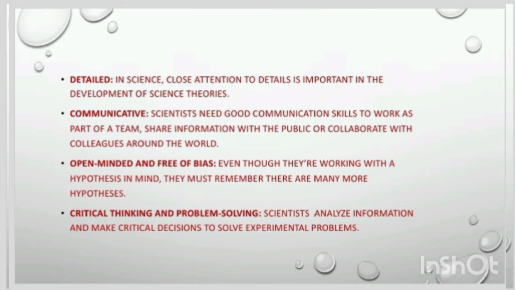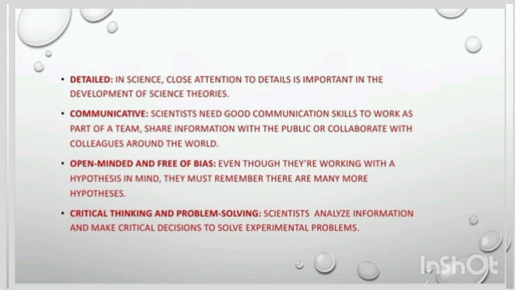Another on the list is that a scientist must be detailed. He must be detailed to be able to pay attention to the minutest detail of the happenings in your surroundings to get accurate observations. And also in reporting experimental results, the scientist is detailed in telling the true minutest information of the experiment.